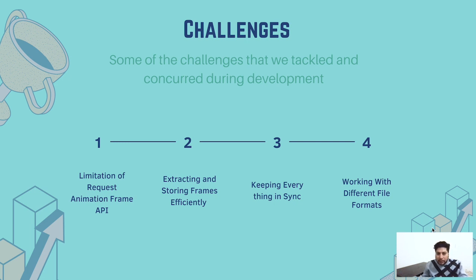So to overcome this challenge, we used the web worker. We haven't explored it that much yet, but we are finally able to call the API in the background thread. The second challenge we were facing is to extract frames efficiently.